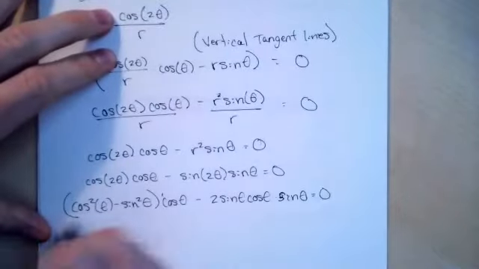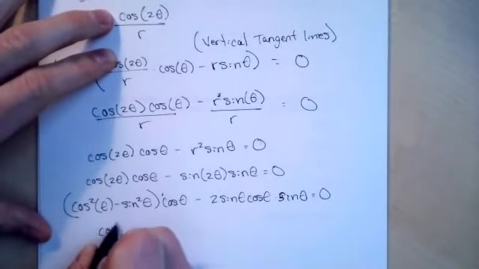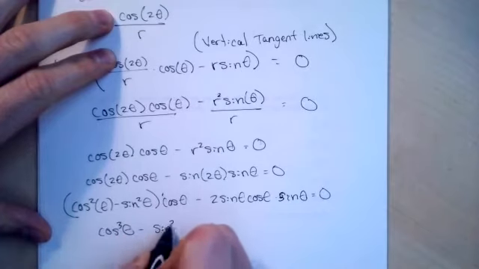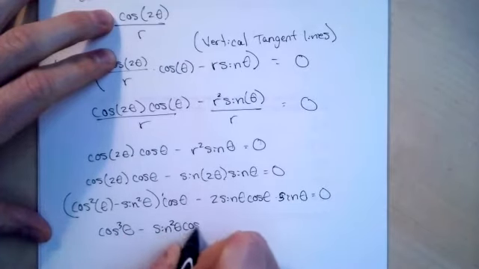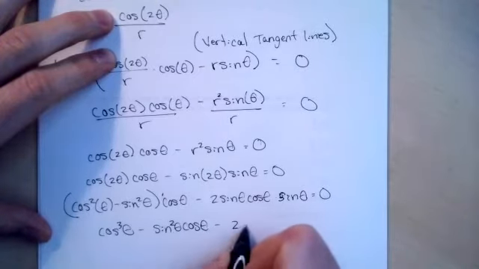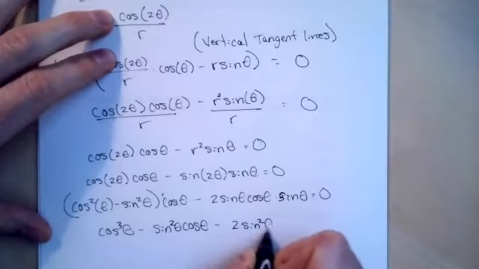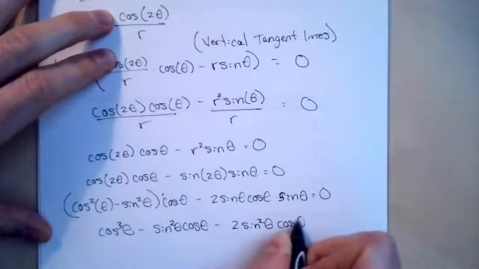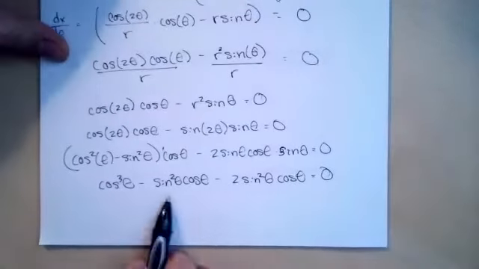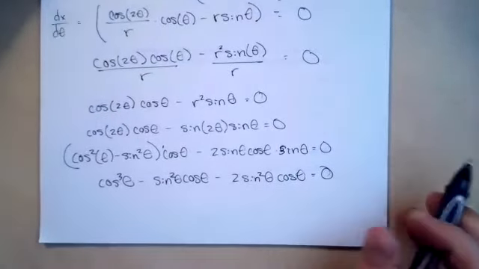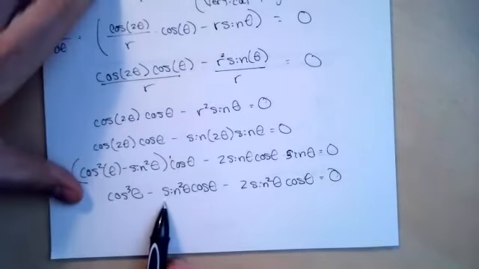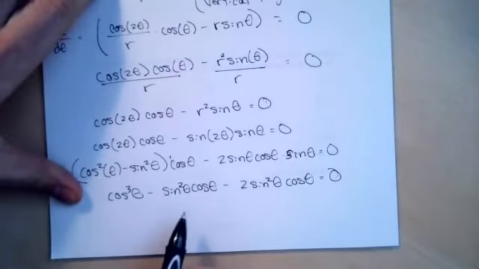Collecting our like terms, we've got a cube, which is typically not a nice trig function. Sine squared theta cosine theta minus 2 sine squared theta cosine theta. So hopefully some things will cancel, and then maybe we can do some factoring to simplify our lives a bit. So I guess not cancel, but combine there.